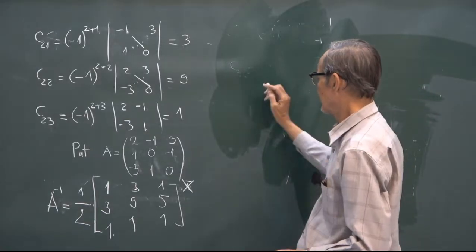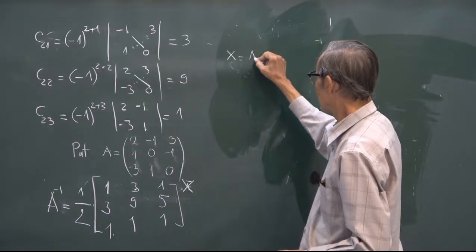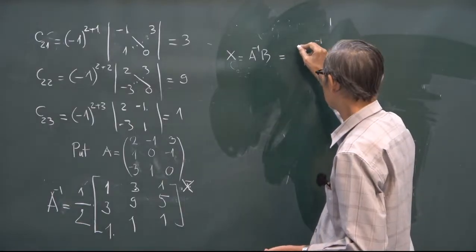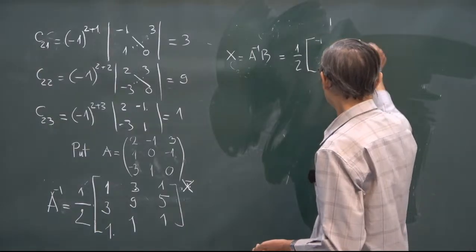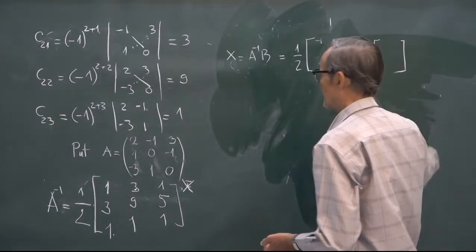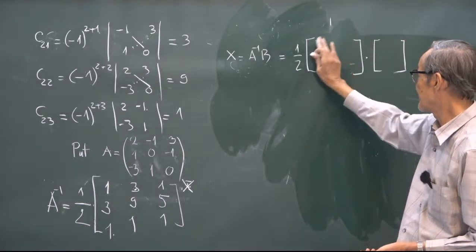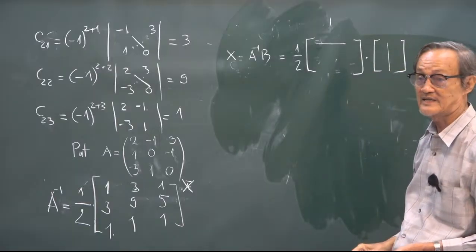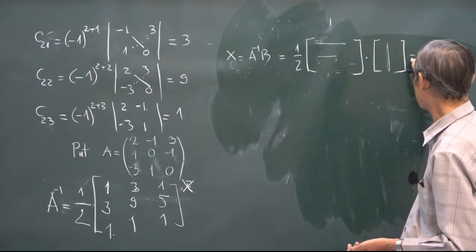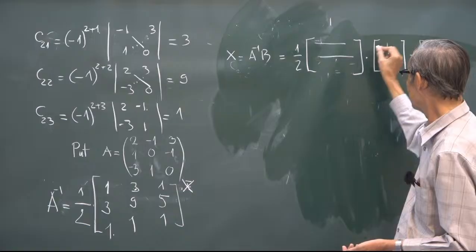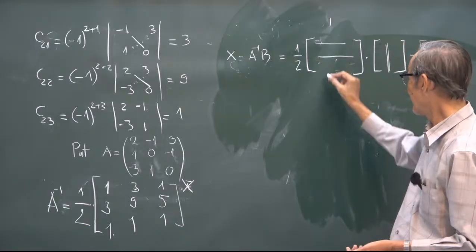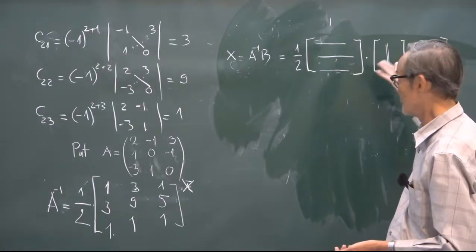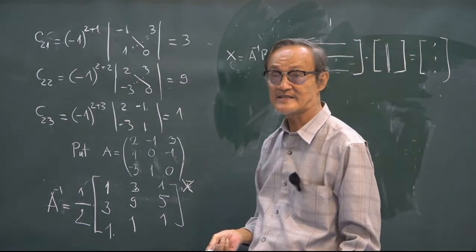Okay. And now x equals the inverse of A multiplied by B. You can compute this row, column, inner product: row 2, column 1 here, and row 3, column 1 here, and you will have the result for x, y and z.